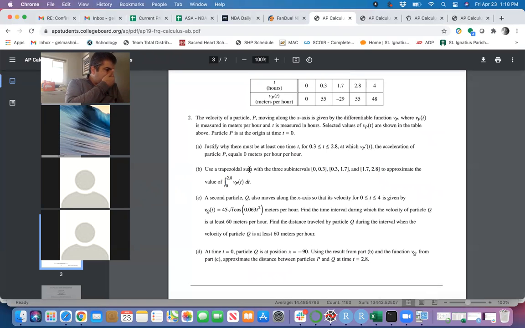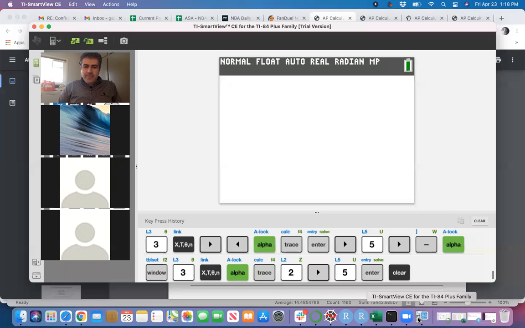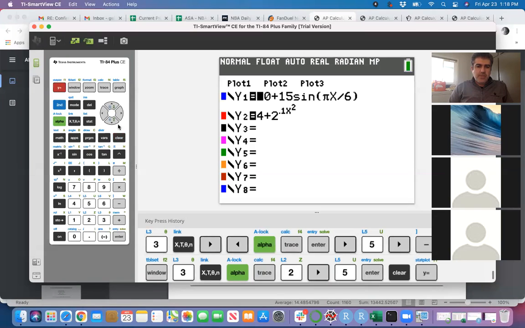So in order to do that, well, I'm going to graph it. I mean, I don't have much of a choice. So go to my calculator. We go to y equals. Let's clear those junk here.